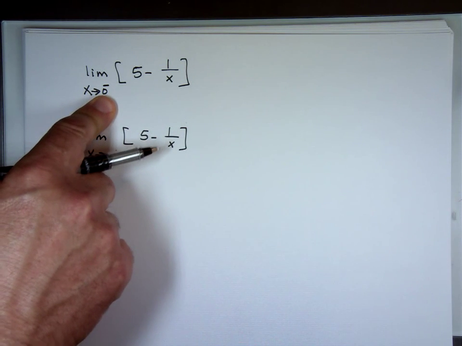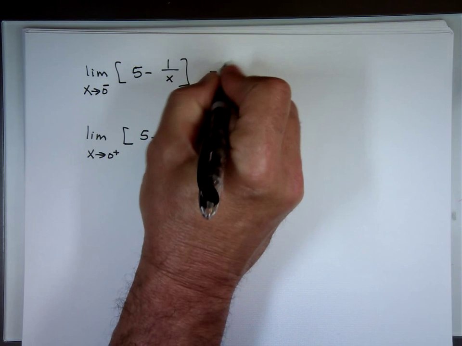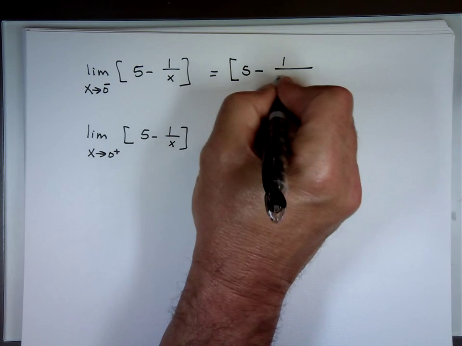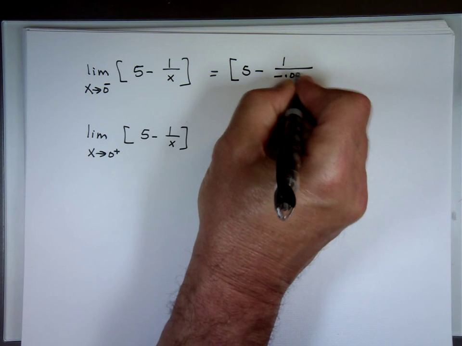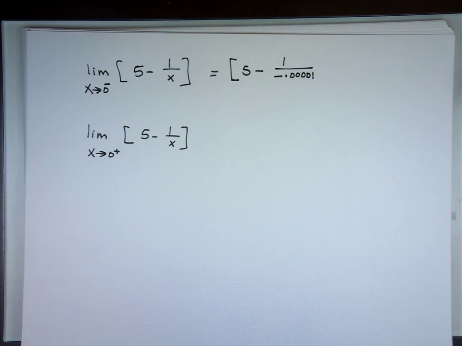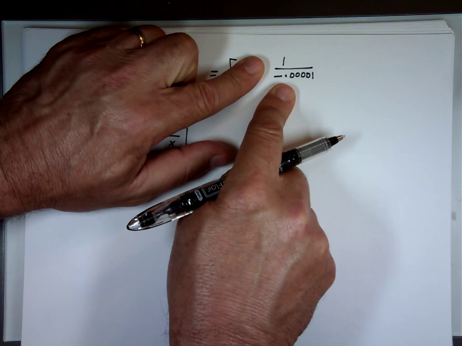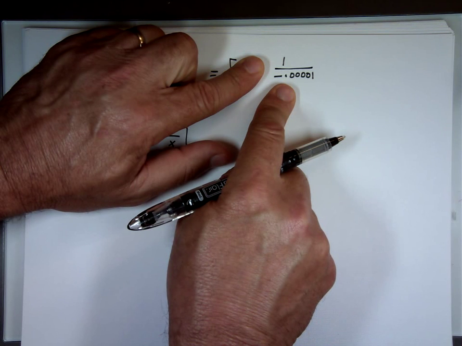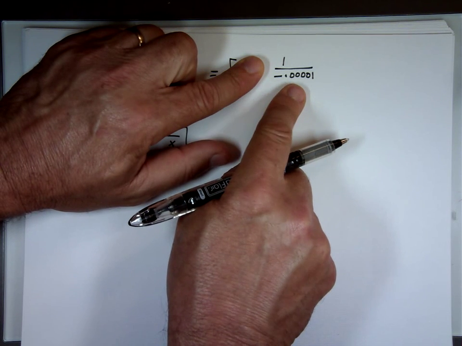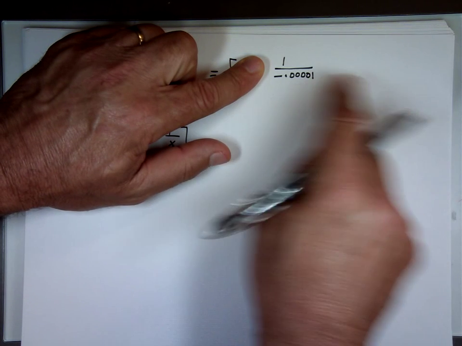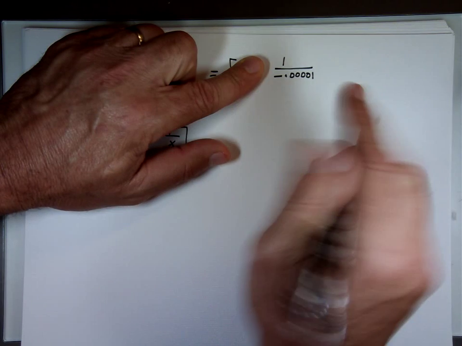So this will be what? 5 minus 1 over negative 0.00001, for example. Let's look at that piece alone. When you divide by that, that's a huge negative number, right? Like that's minus what? 100,000. So if I make this number smaller even, it's going to be negative infinity. So the answer to this is negative infinity.